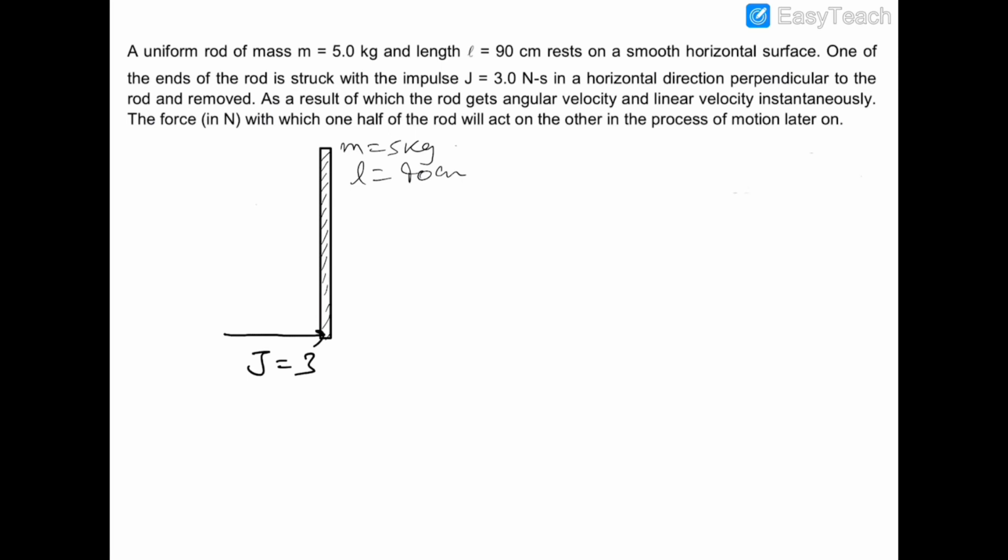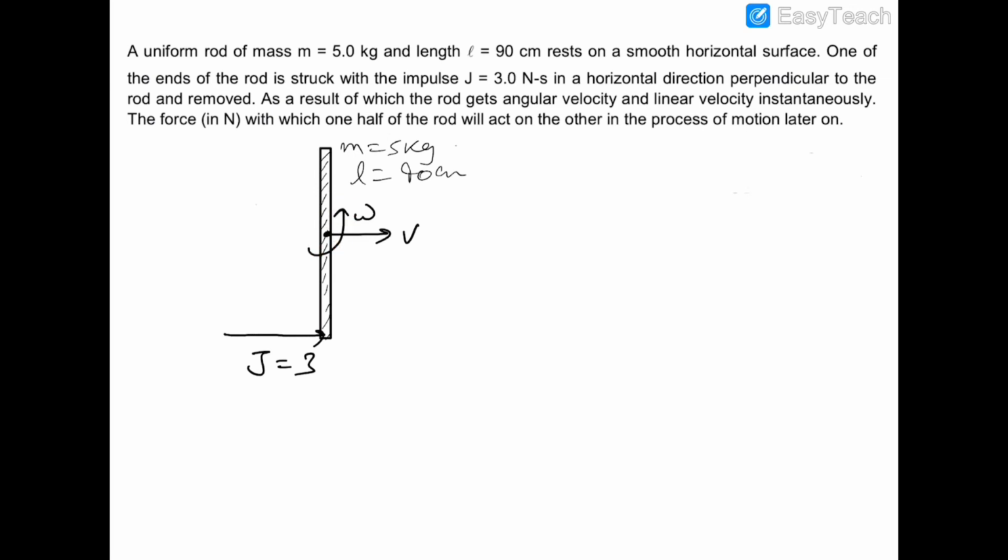As a result, this rod will start to rotate with some angular velocity, as well as acquire some linear velocity. Let us suppose that the linear velocity of the rod is v and its angular velocity is omega, because the impulse is struck at this point. So it would rotate this rod about the center in the anti-clockwise sense.